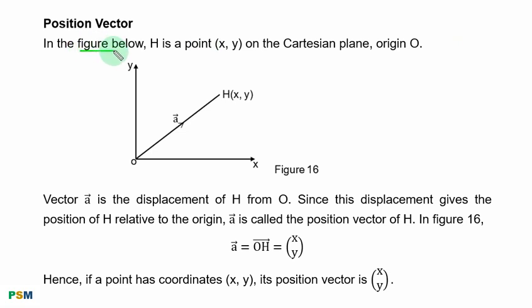We have the position vector. In the figure below, H is a point (s, y) on the Cartesian plane.